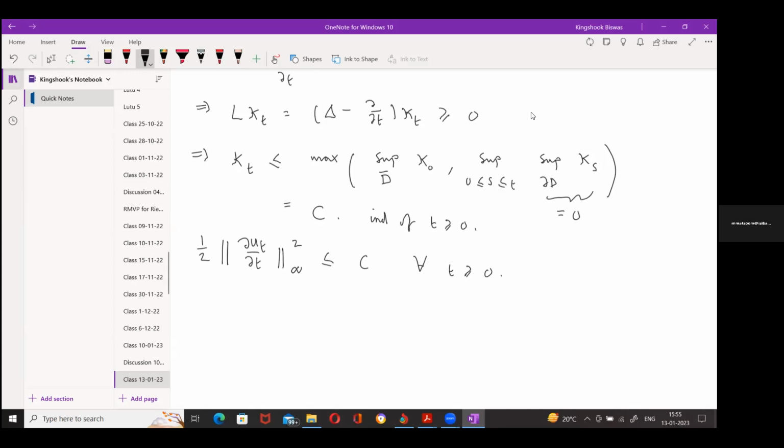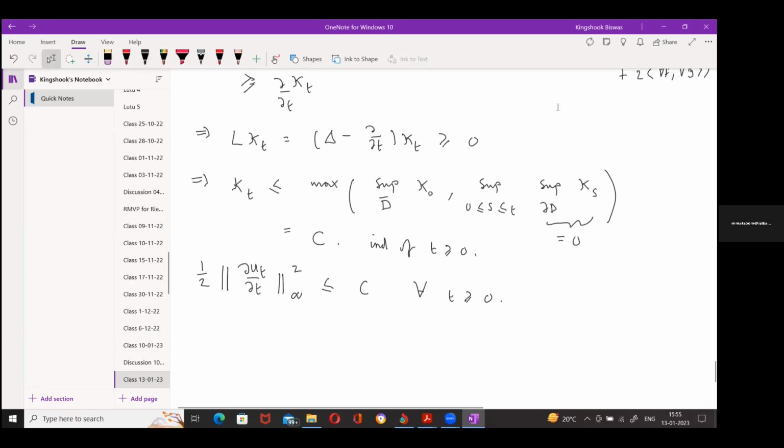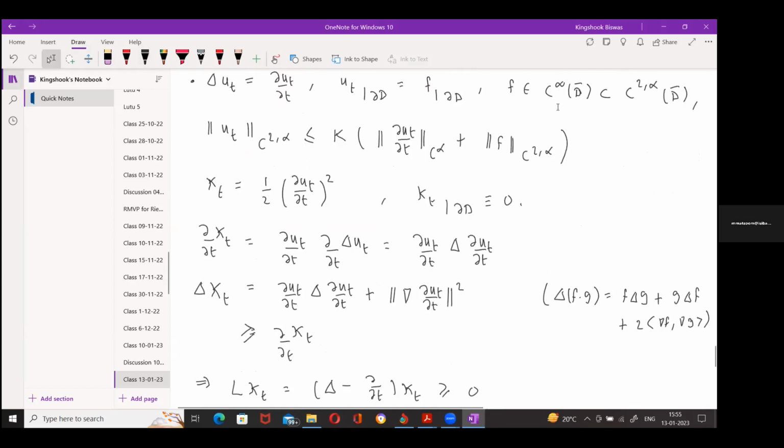Is that clear? From that you have to do a bit more work to bound the alpha Holder semi-norm, but essentially from that and the Schauder estimate, you'll get a bound on the C2 alpha norms of the UTs, because this becomes bounded by a fixed constant in T, and this is constant.